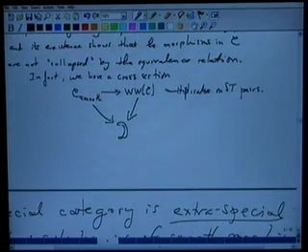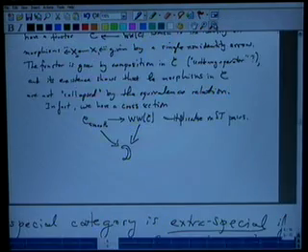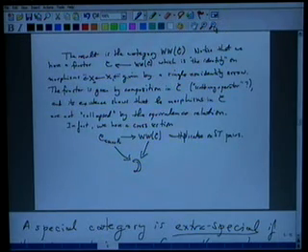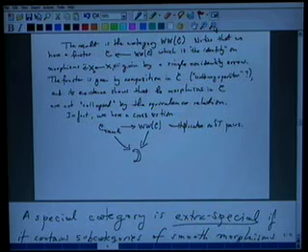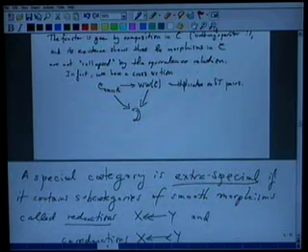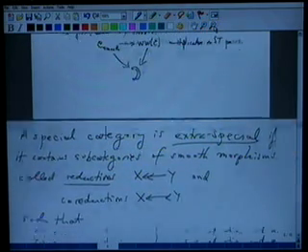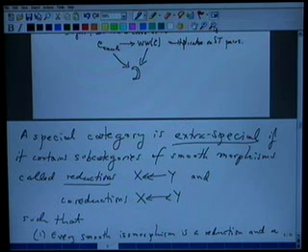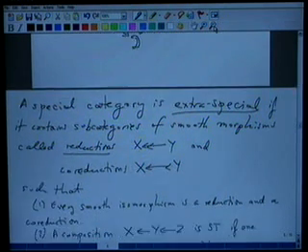Okay. Now, special isn't good enough for some purposes. We need extra special. And I think I'm going to have to speed up a little here. We'll say it's extra special if it has these very nice morphisms which allow strong transversality.